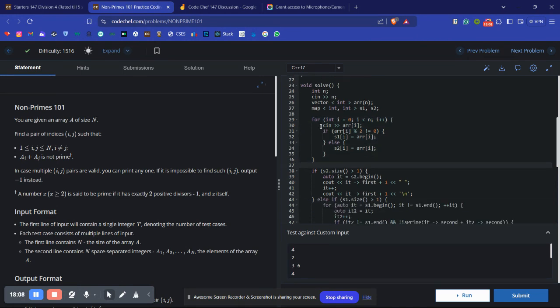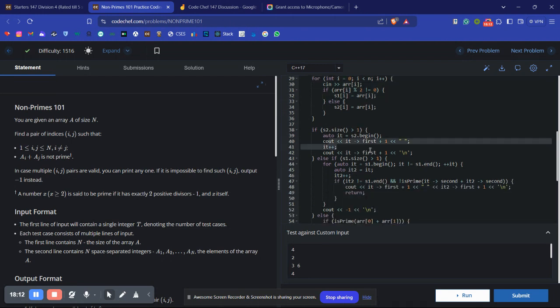Here it is the division of the array into two sets, and here we are checking whether the size of the even values set is greater than 1, and if it is, we are giving the first two values in the set. Otherwise, we are going into the set of odd numbers.